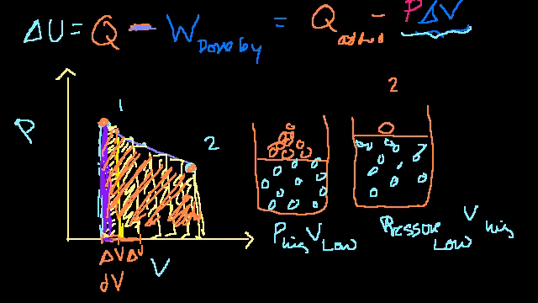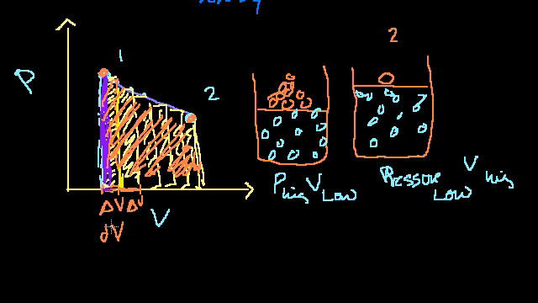If you wanted to know the real math behind it, if you could get your pressure as a function of volume, and if you haven't watched the calculus videos, you can ignore this little aside I'm going to do here. But essentially, this is this curve right here. Let's say you could write pressure as a function of volume, right? And when you're in algebra, you learn a curve is y as a function of x, but here y is pressure and x is volume.